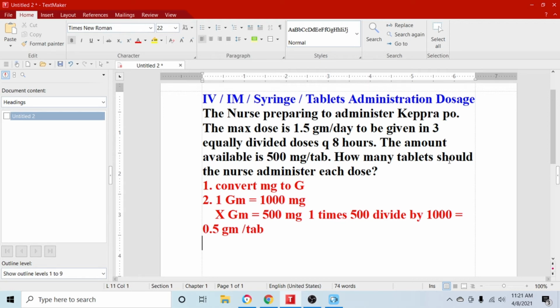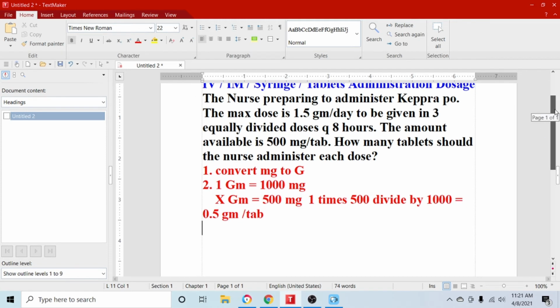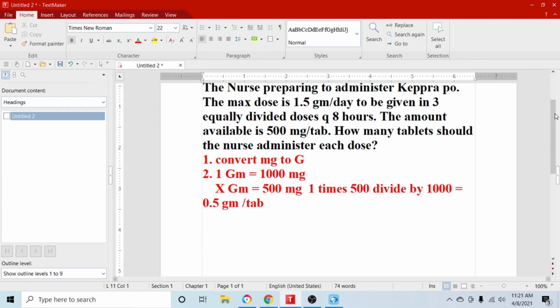So the third conversion, this is what we gotta pay attention to. Set it up like this. Apples on the left, oranges on the right. We have on hand 0.5 grams equals 1 tablet.